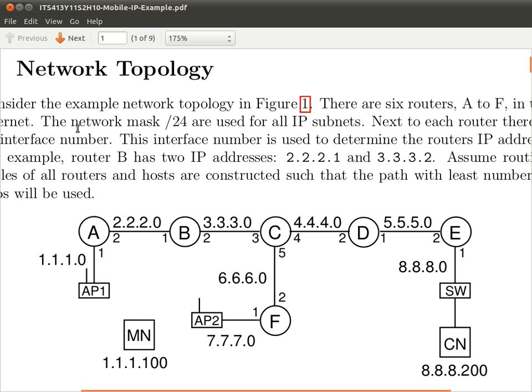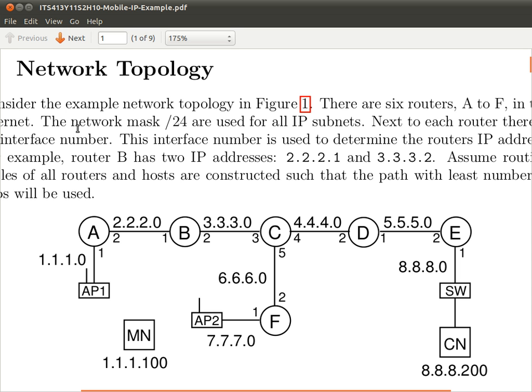From the IP header perspective, the source. Who's the source? What's the source IP address of this registration request sent from MN to F? 111.100. That's the only address the mobile node has at the moment. So let's set that.